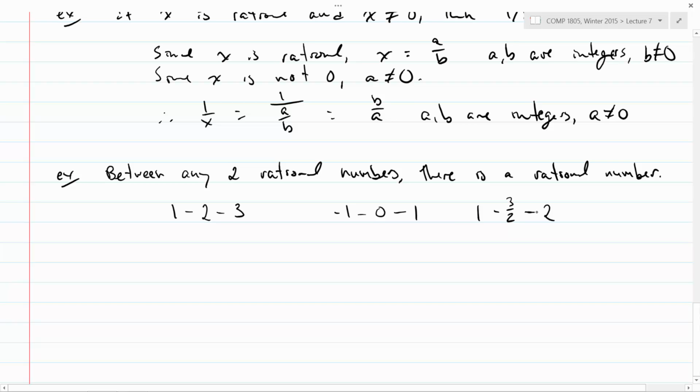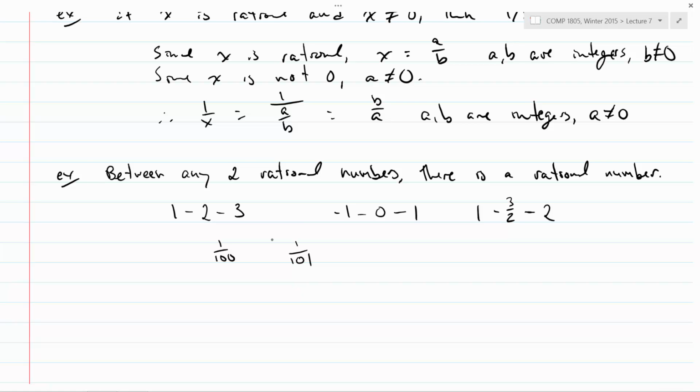Yep. What about something like 1 over 100 and 1 over 101? Any thoughts? 2 over 201.